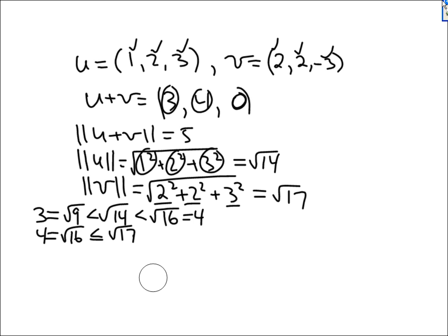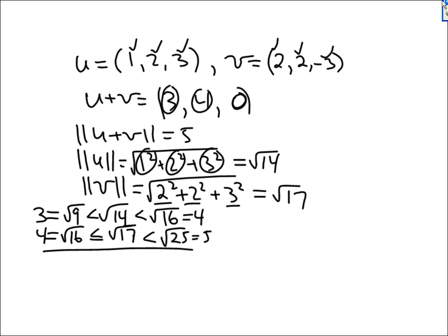Now, I actually don't care about the right side. I didn't have to do the right side of either the square root of 14 or the square root of 17. But for completeness, I'll do it. The first number above 17 that I know the square root of is 25.